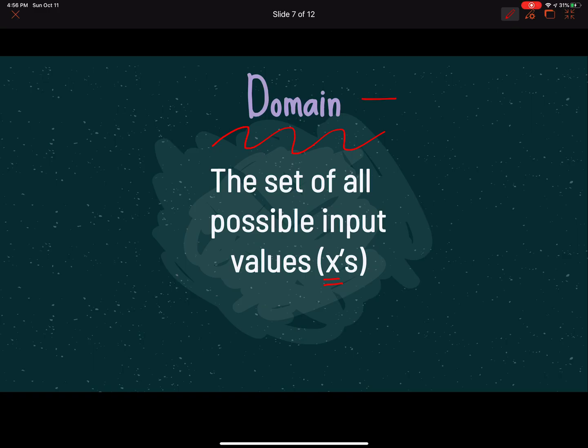So domain is our x values. So whether we have ordered pairs or whether we have points plotted on a coordinate plane or grid, we can still determine what our domain is by looking at our x values.